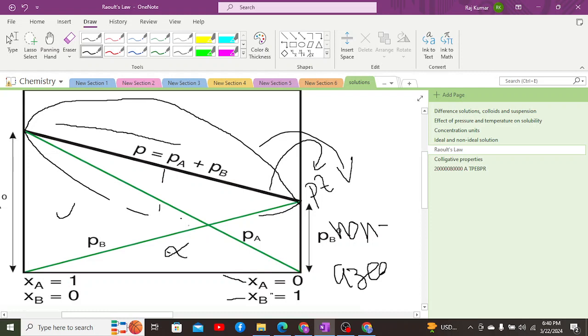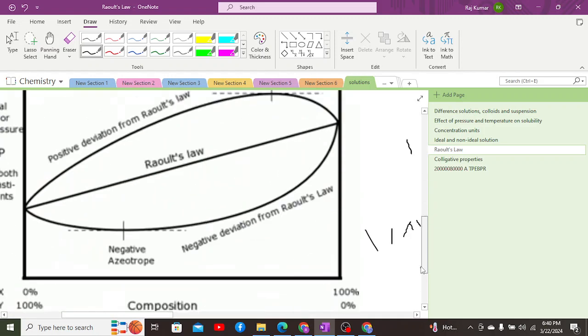In other words, we can also say that vapor pressure of the solvent and vapor pressure of the solution show a positive straight line, while vapor pressure of the solution and the vapor pressure of the solute show an opposite straight line within the graph. So this can be a consideration as well.